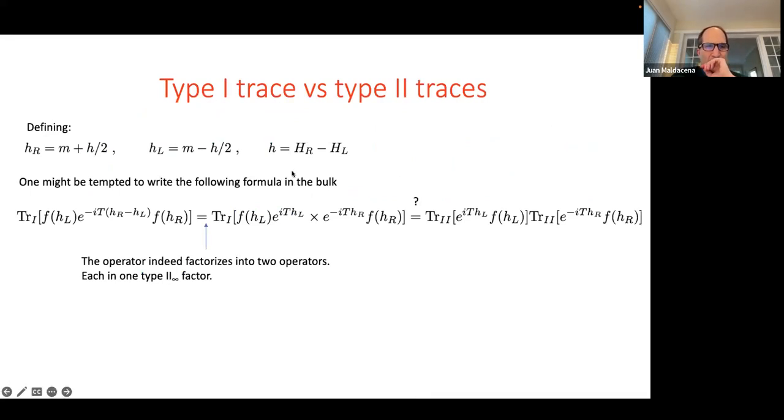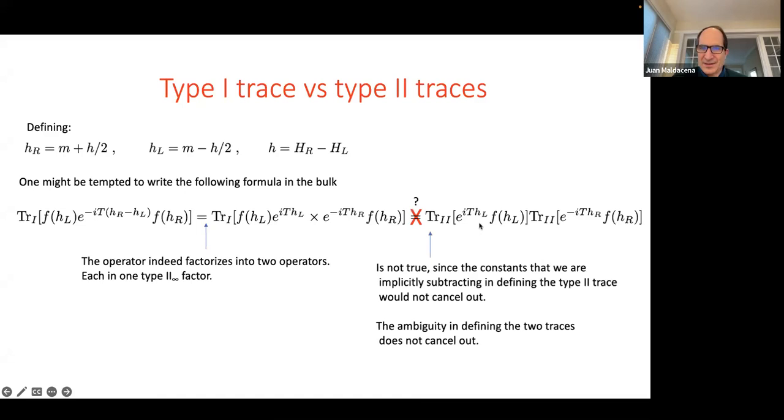In other words, there is this type 1 trace that is defined in the full Hilbert space, and these two operators factorize into two separate operators in the type 2 infinity algebras. And the type 2 infinity algebras involve some definition of trace, but that definition of trace is not equal to the type 1 trace; the type 1 trace is not equal to these two type 2 traces. So that's not true, because in defining this type 2 trace, we are subtracting some infinite constant.